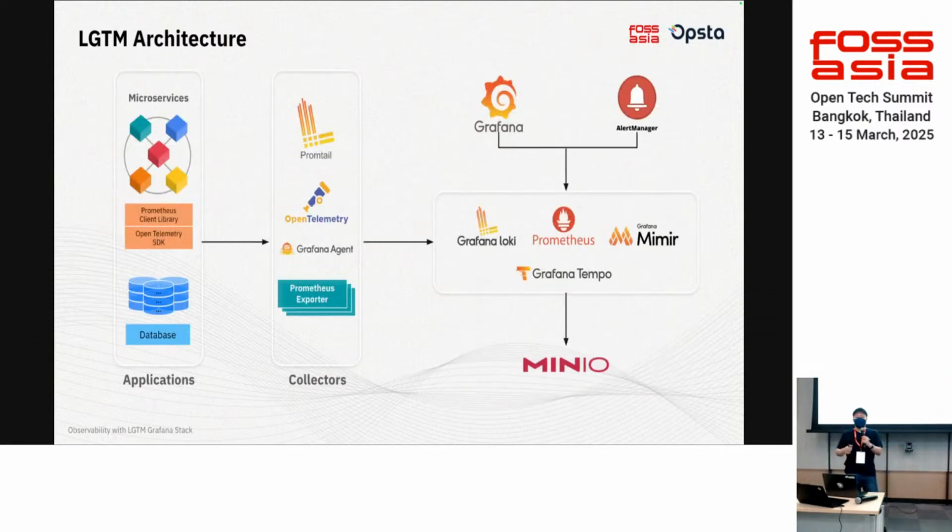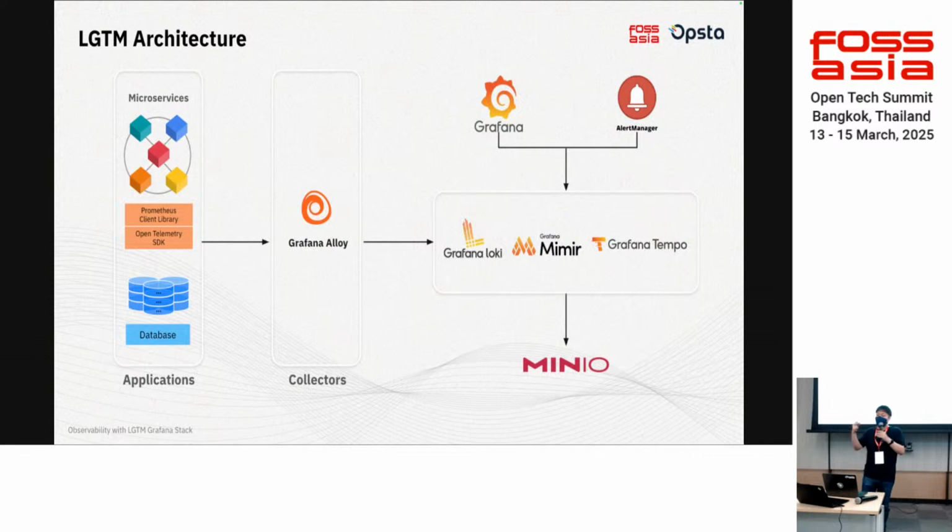So this is the LGTM architecture. From my first plan, you can see that we still combined others like Prometheus, the Grafana agent, or OpenTelemetry for this step. But as time has evolved, it's evolving into fewer components. Now we can do the LGTM step with only this.